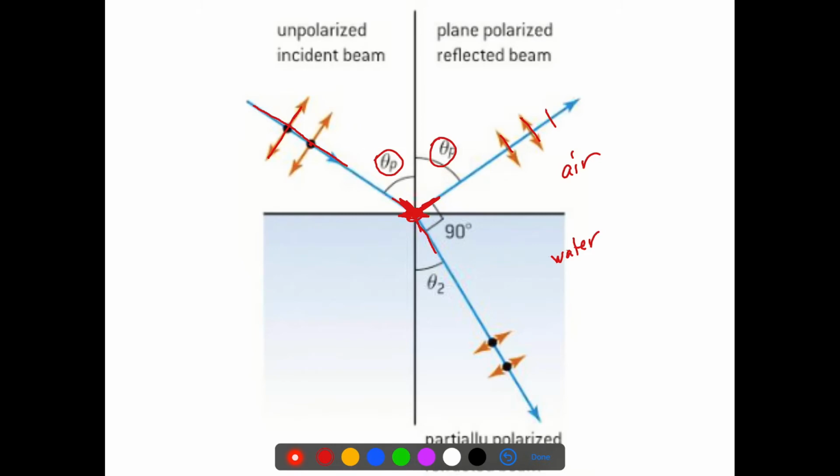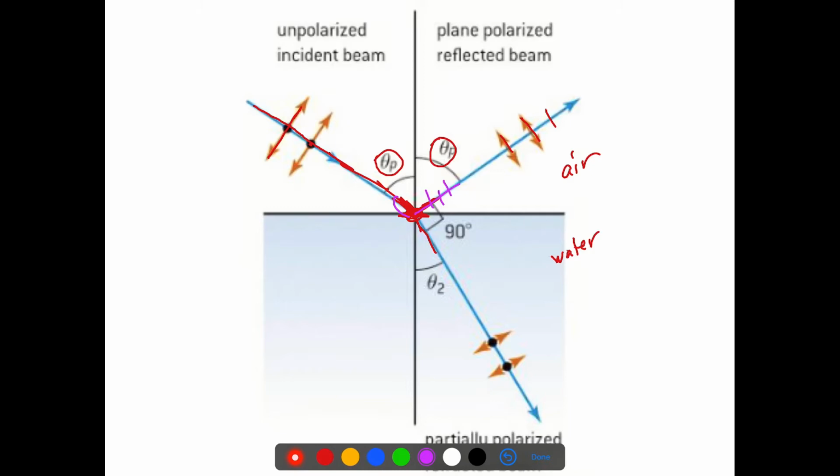If you've ever had polarized sunglasses, the point of them is they get rid of the glare. Now, what is the glare? Well, the glare is because light is coming down and it's bouncing off of the car hood or the windshield or whatever it is, and when it bounces off of that, it has horizontal polarization.